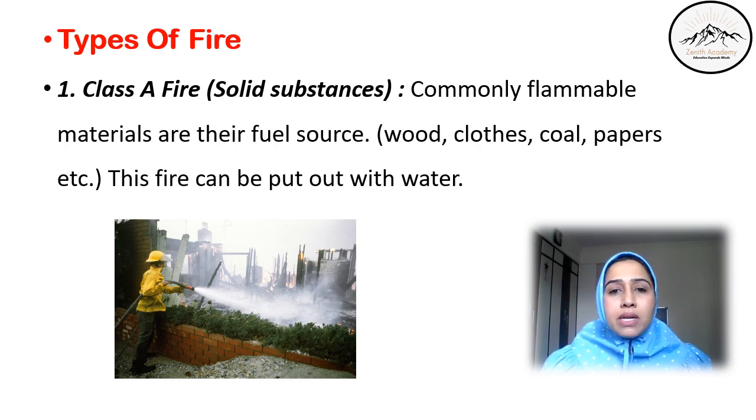It means these materials which catch fire are mostly solids, and they are also used as fuel in day-to-day life. Such materials are wood, clothes, coal, papers, etc. When such materials catch fire on a huge scale and cause a destructive fire, that is called class A fire, and this fire can be easily put out with water.